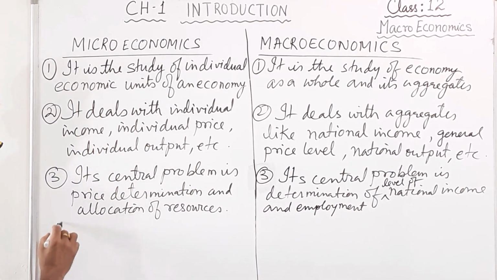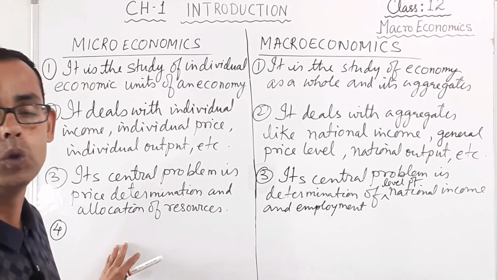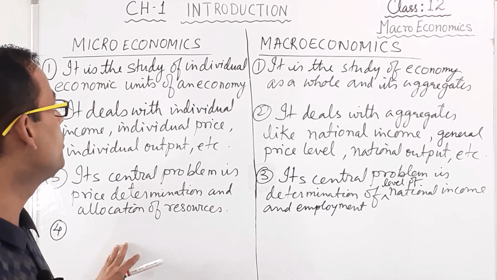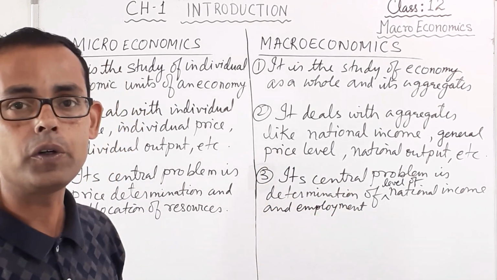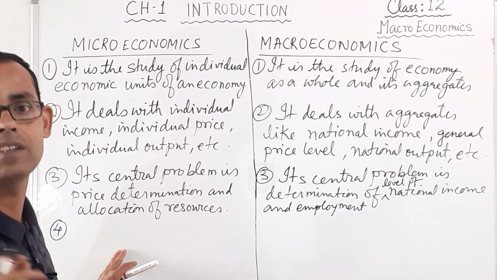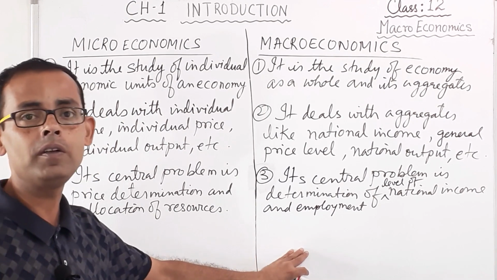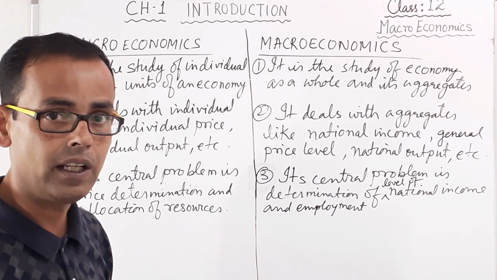Then the fourth point is its main tool. What tools we will use for microeconomics and what tools we will use for macroeconomics. Here the tools we will use are demand and supply, and here we will use aggregate demand and aggregate supply. Clear?